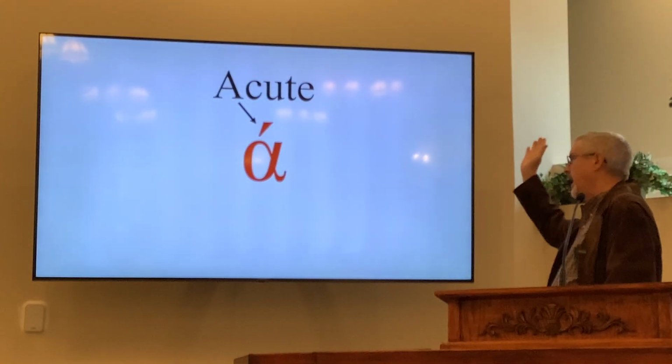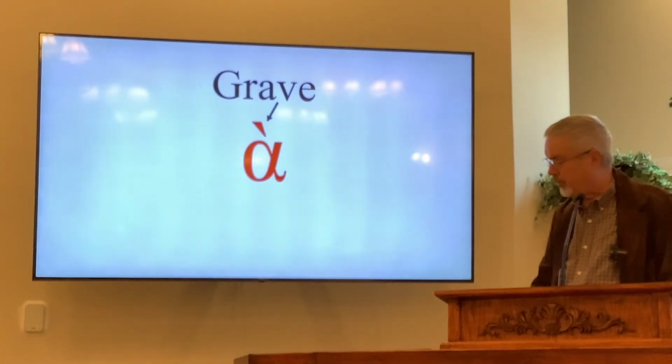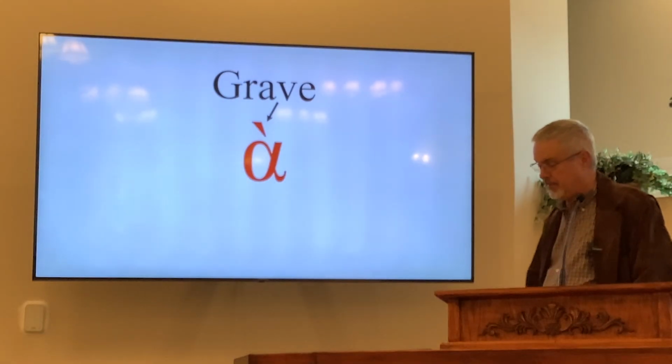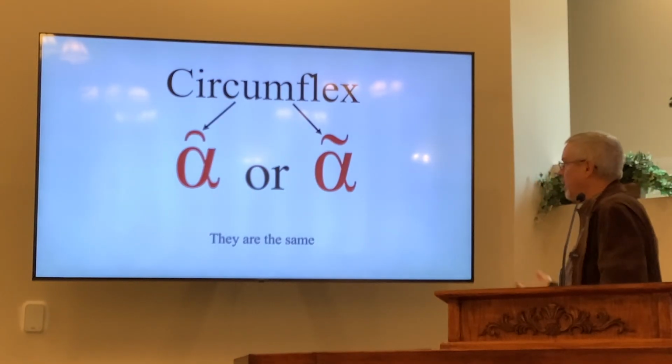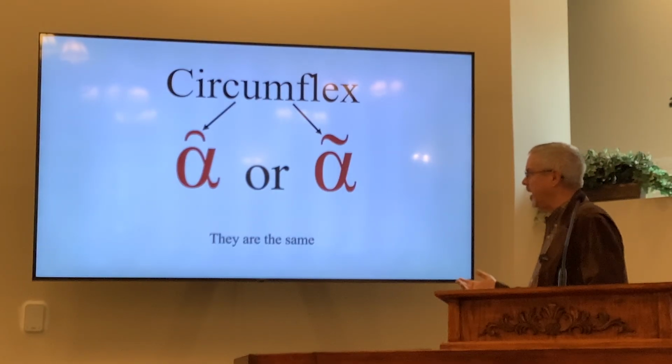It is heading toward the right. You can see it jutting toward the right. This is the grave. It is jutting down from the left. And this is the circumflex. Now here's the circumflex. It doesn't matter which one, they're both the same thing.